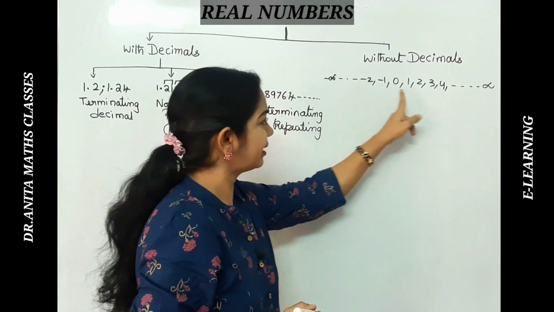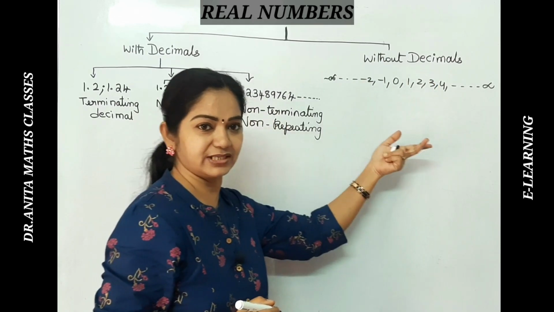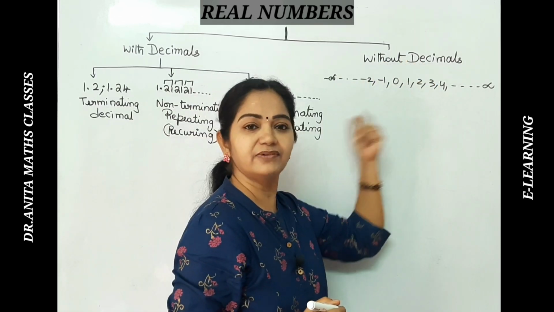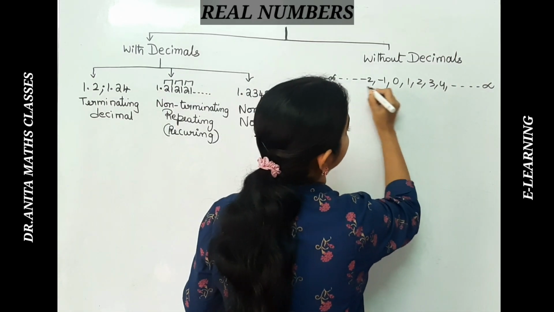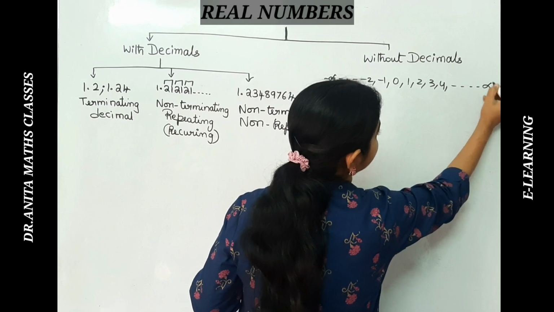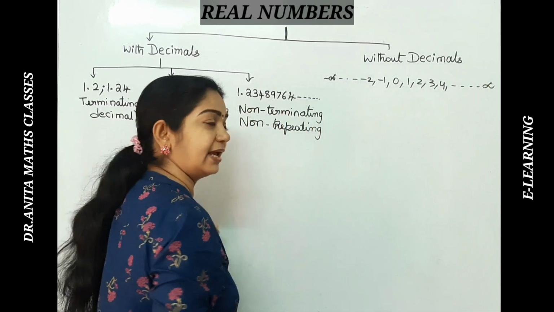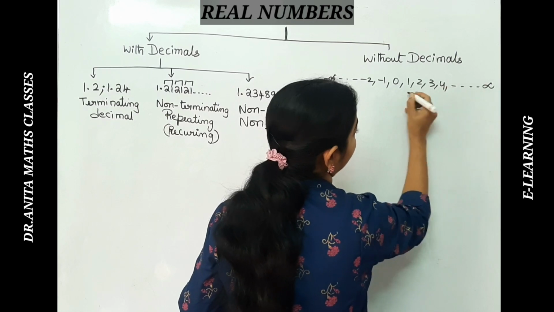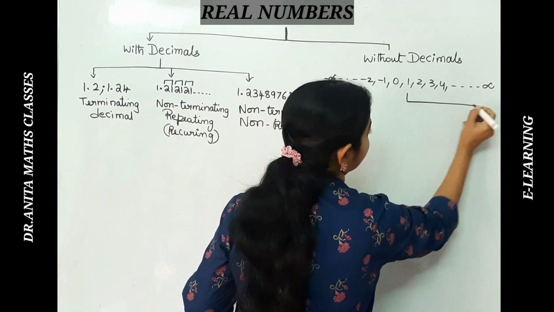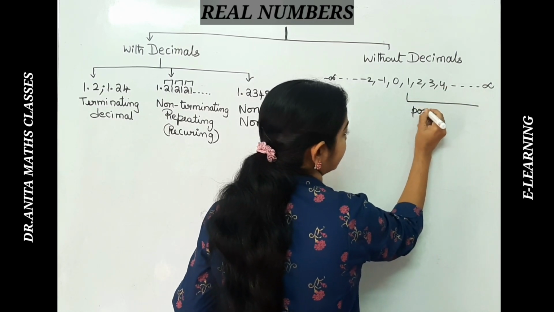See, only one number is there, there is no point, there are no decimals. So these are the numbers without decimals. These are all called integers. And in particular, if you consider 1, 2, 3, 4 and so on, these are called positive integers.